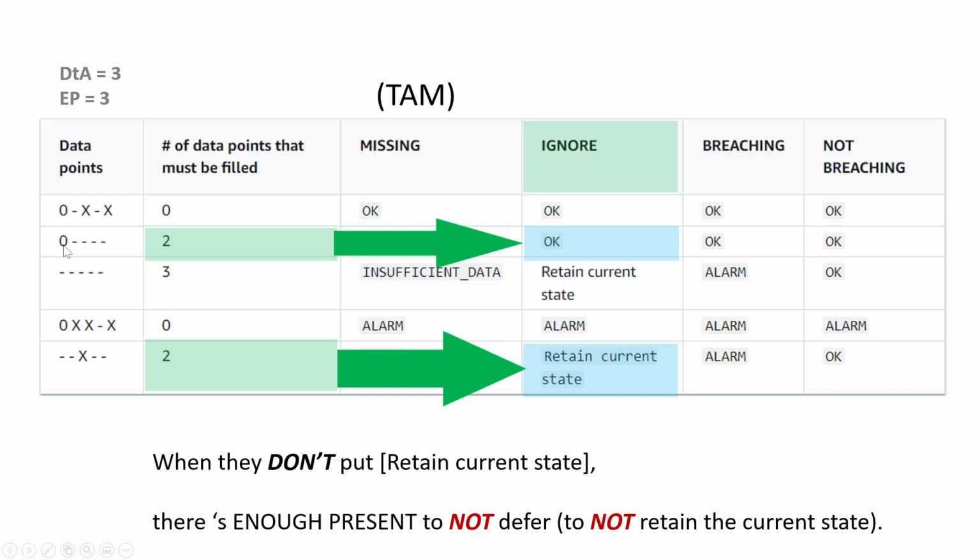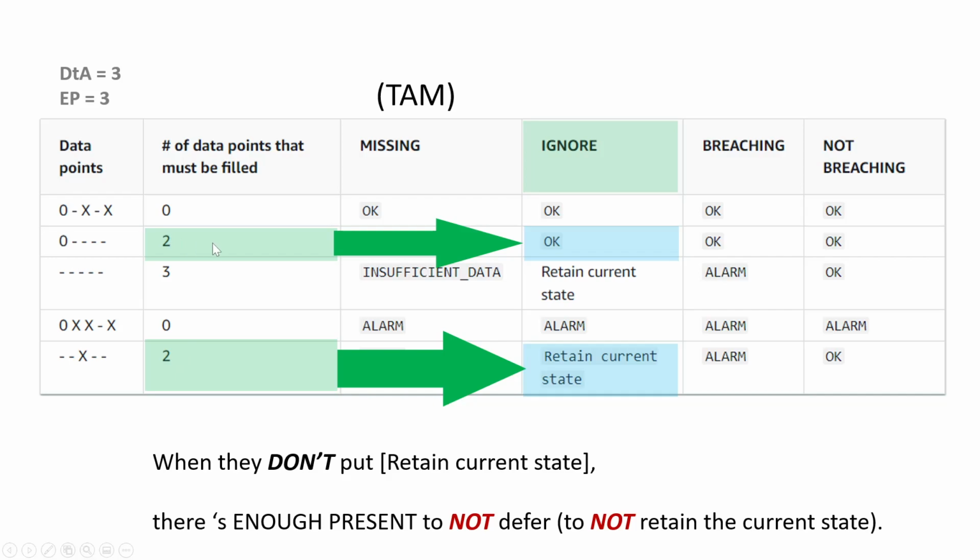Okay, it's a non-breacher, but we need 3, so we need 2 more. So we're in need of 2. And similarly here, we've only got 1 data point with data. It's a breacher in this case, but still we need 2 more to make our evaluation period, because our evaluation period needs to be 3. So they've put we're in need of 2 data points in both situations.